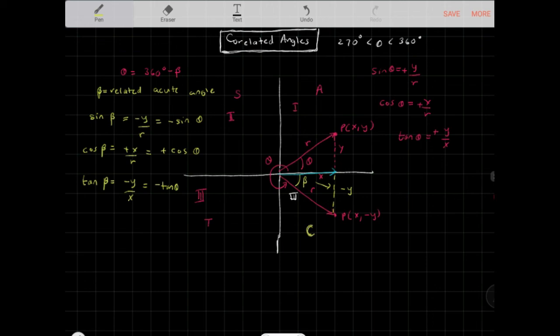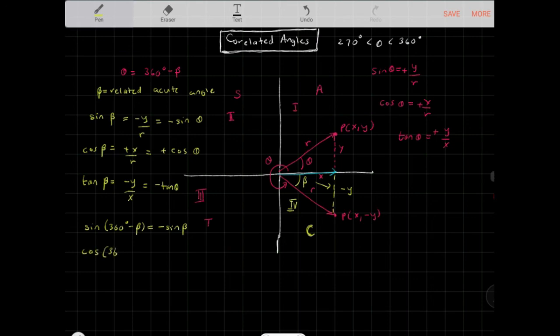So this also indicates that one of the ratios here is positive, and in fact, the cosine ratio is positive in the fourth quadrant. Okay, so in the fourth quadrant, the cosine ratio is positive, right? And if we wanted to simplify these related angle equations, we can note that sine of 360 degrees minus beta is equal to negative sine beta.